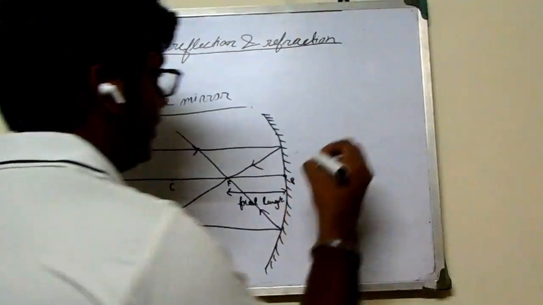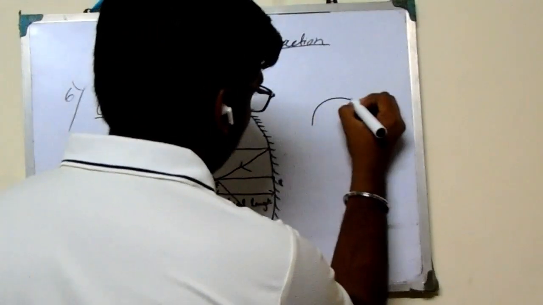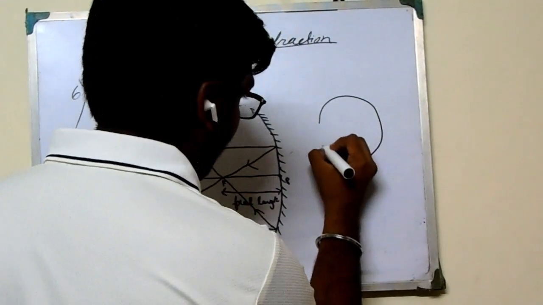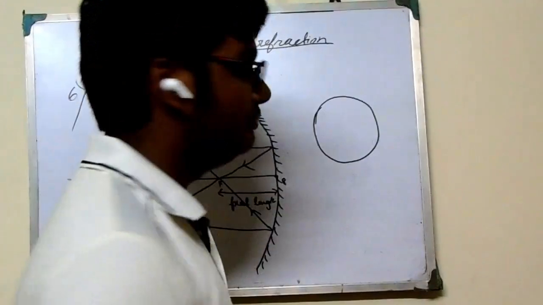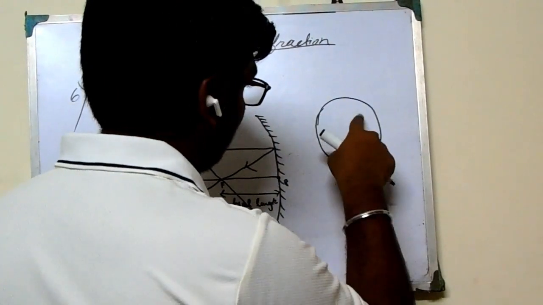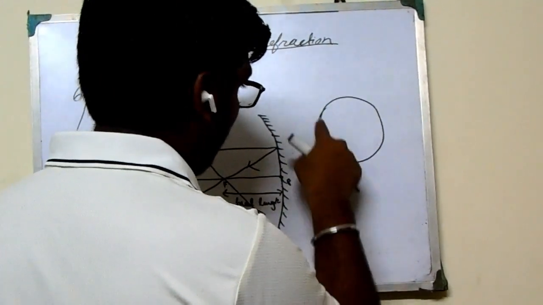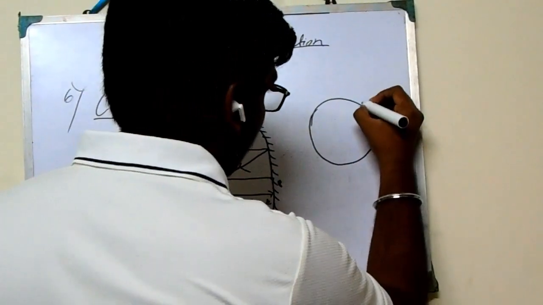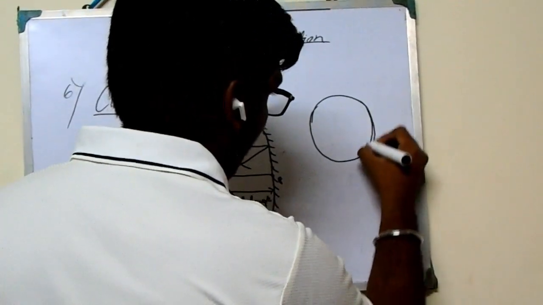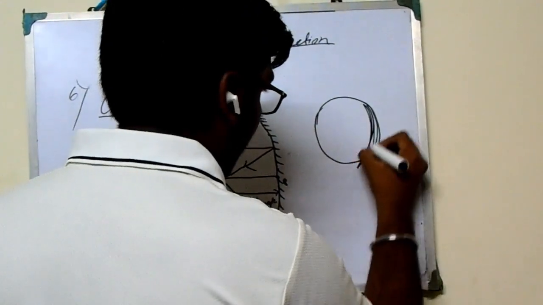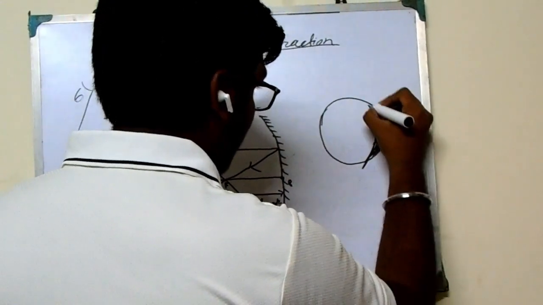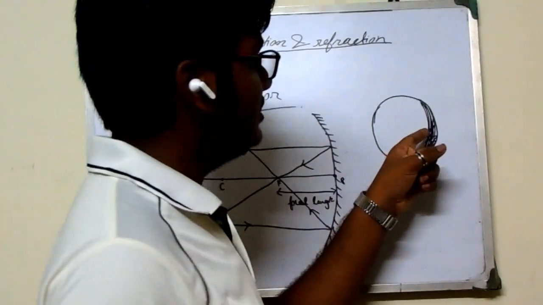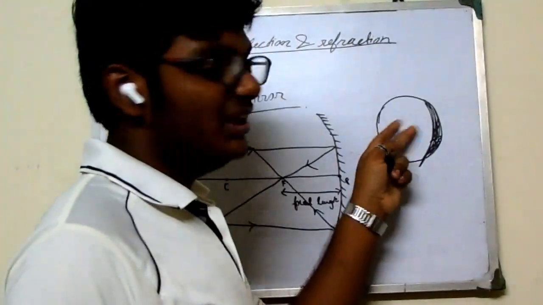One more thing, suppose this is a circle, a spherical mirror. The inner portion or the reflecting portion is the concave mirror.